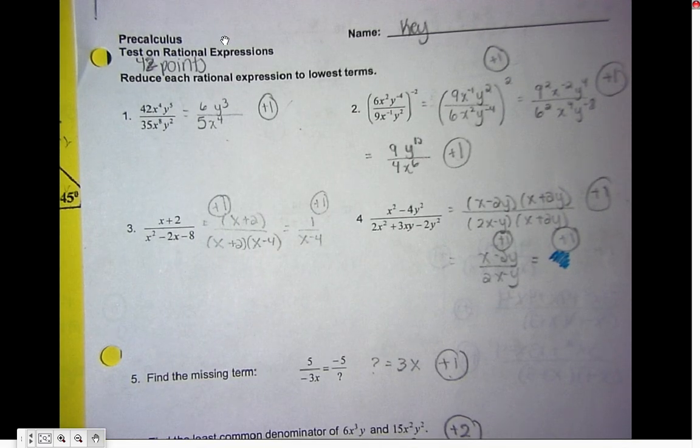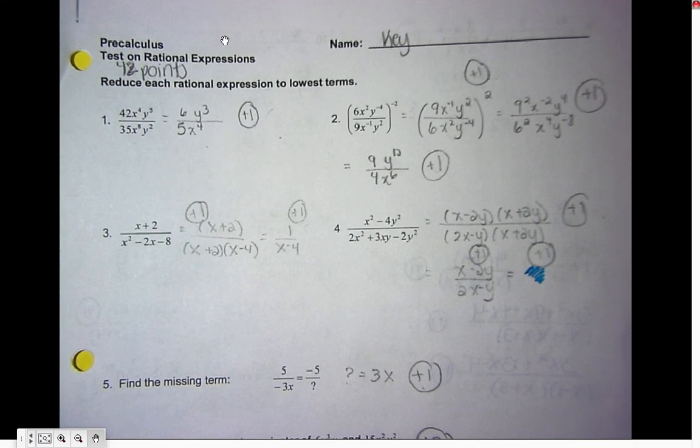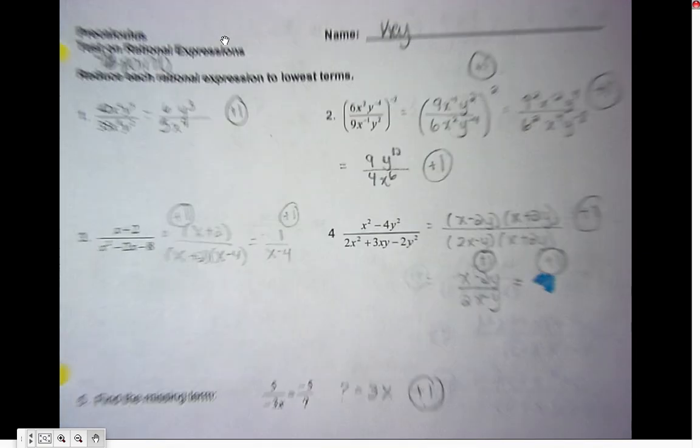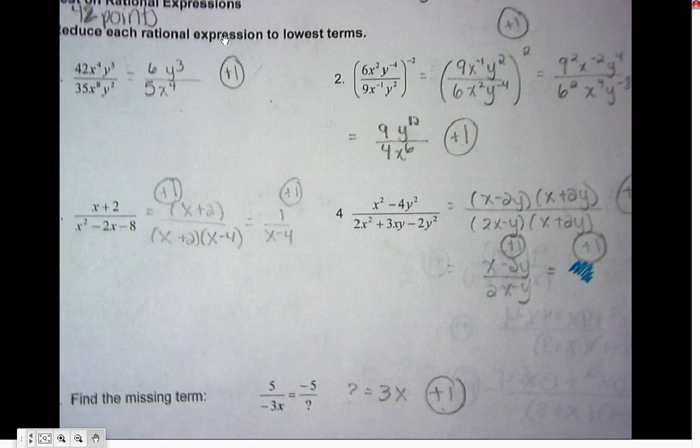So on the top, number 1 and 3 were good. On 2, there were just a couple issues, I got a couple 4/9s, but other than that, nothing too serious. The biggest issue with number 4 was that people went a little too simplify crazy.